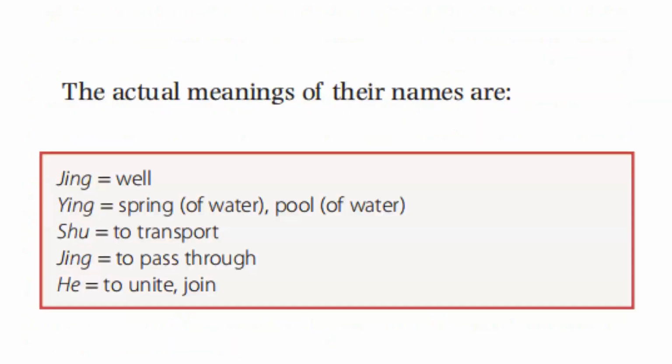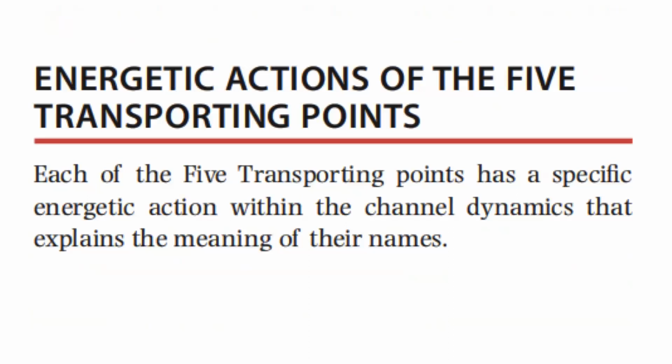The Classic of Difficulties gives the same description in chapter 69. The actual meanings of these names are: Jing is well, Ying is spring or pool of water, Shu is transport, Jing is to pass through, and He is to unite or join.